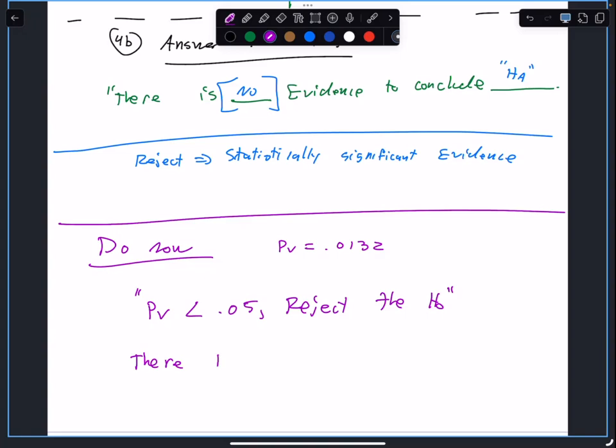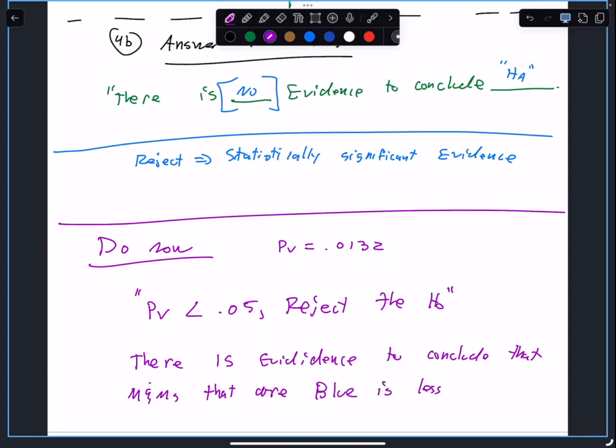There is evidence to conclude that M&Ms that are blue is less than 24%. Remember, our goal with the hypothesis, is there less than 24%? Are they cheating us? We found evidence. We found statistically significant evidence that they are.